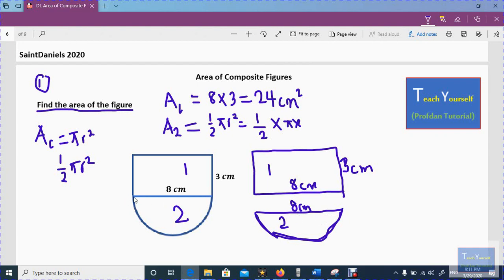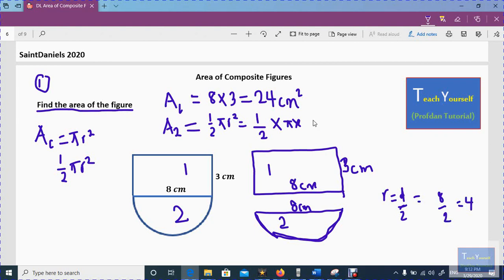The value given here is the diameter of the circle. Recall that radius of a circle is diameter over 2. Okay, so that means that our radius is going to be 8 divided by 2, which is 4.